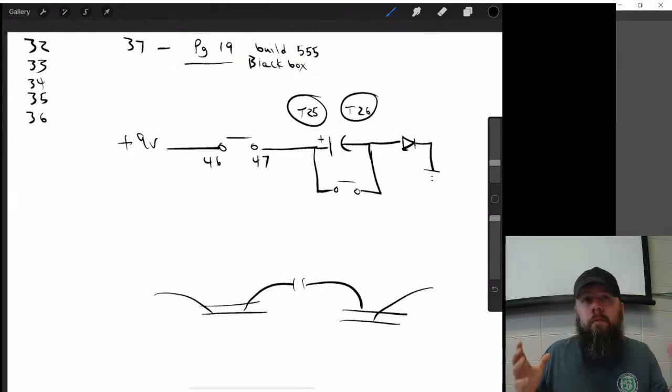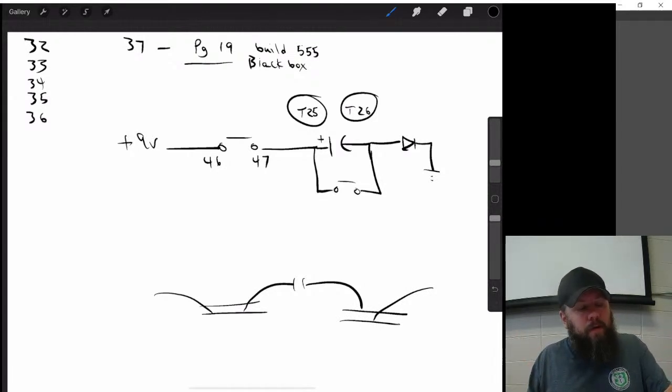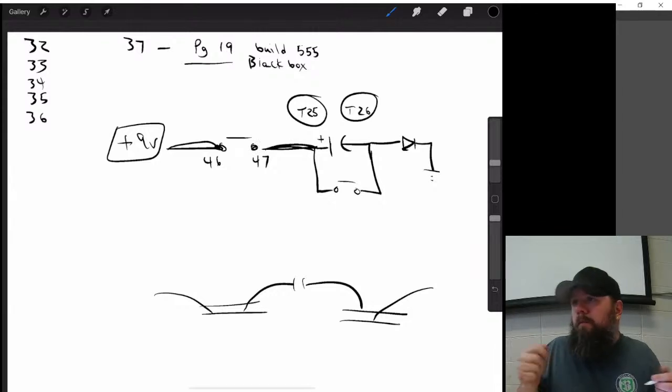So I would follow through and find my 9 volt output. And then I'd put a wire to 46 that actually works because it's telling you what button to put it on, right? And then I'd come out of 47. I'd go to any random hole and hook up a capacitor, okay?